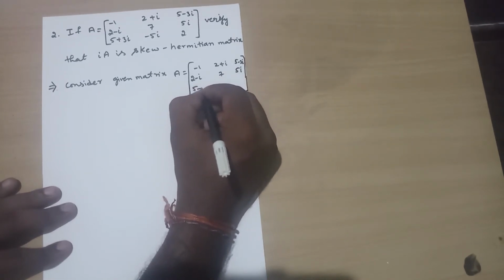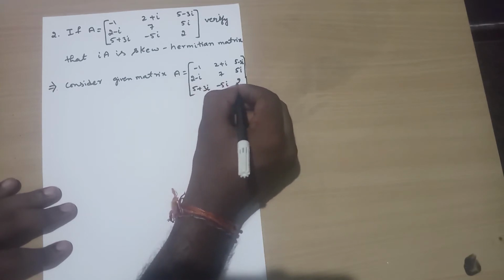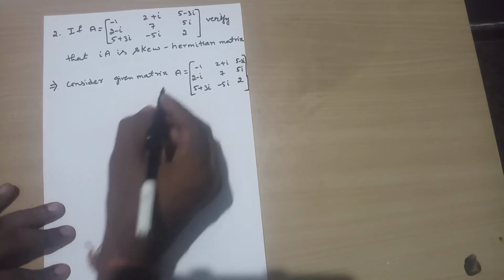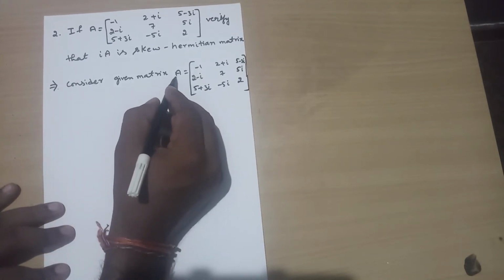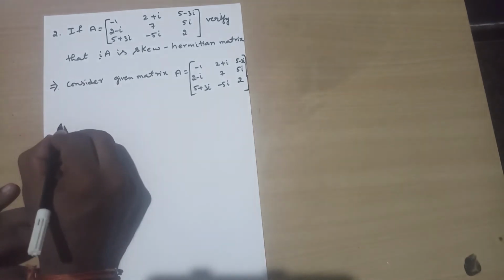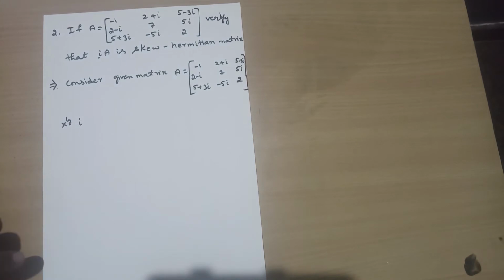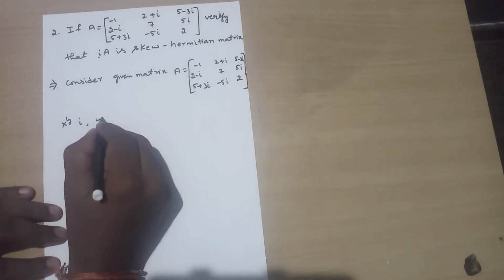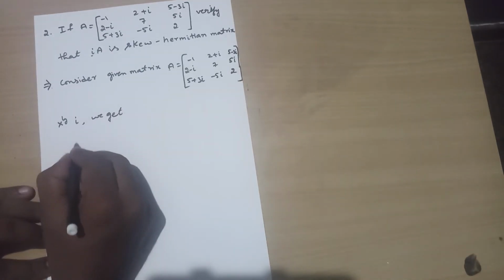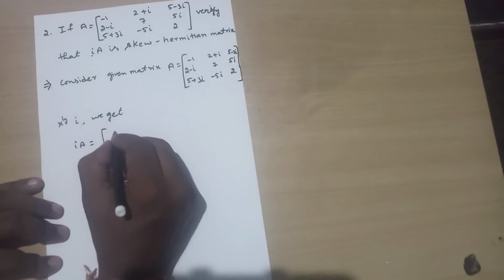So here 5 plus 3i, minus 5i, 2. So here I will multiply by i the given matrix. So what do you get? Multiplying by i, we get iA equals, if you multiply with i, what do you get?